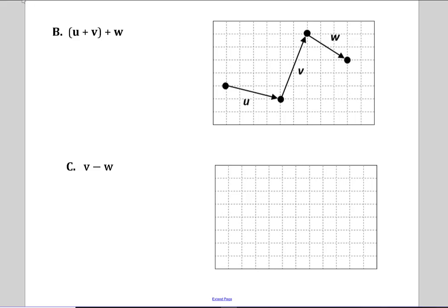Here for u plus v, following that same rule, the terminal point of u is the initial point of v, and the sum of u plus v goes from the initial point of u to the terminal point of v. So there's our u plus v in parentheses. And then we want to add w to that.